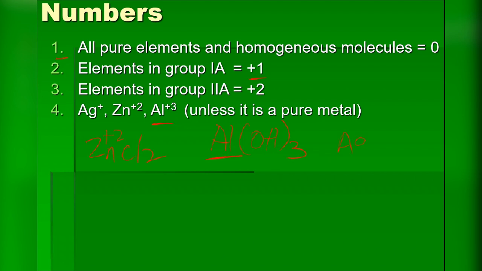If Ag is in a combined state with chlorine, then Ag is +1. But if it is a pure metal like Ag, Al, or zinc, its oxidation number is 0. So if pure metal, 0; otherwise Ag +1, zinc +2, aluminum +3.